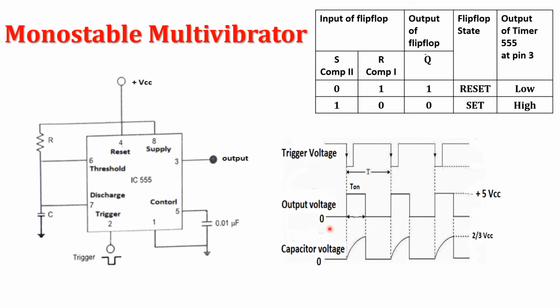The output of the lower comparator, the second, becomes high. That is, S is 1, R is 0, and the output of the flip-flop is 0.